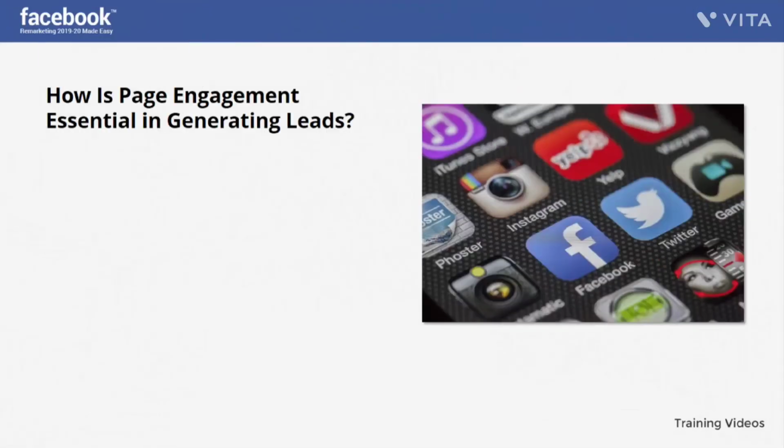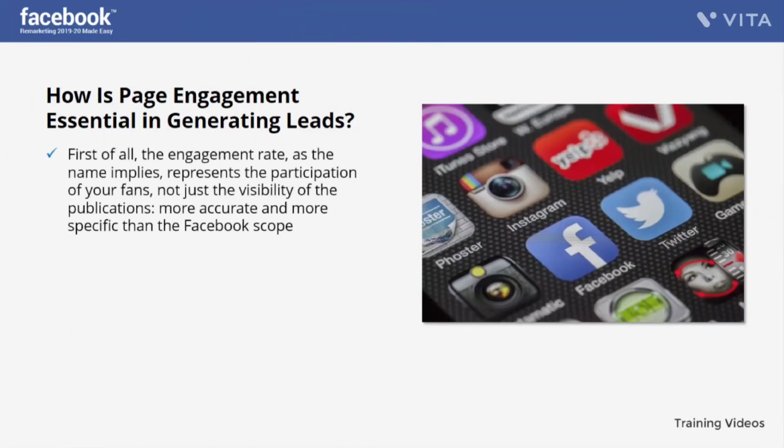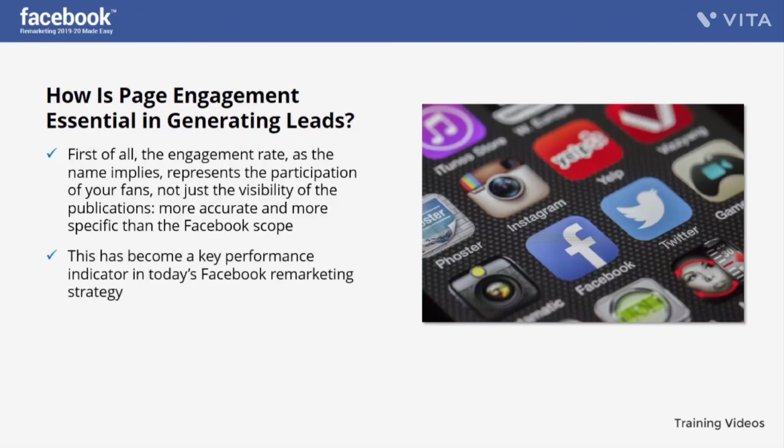How is page engagement essential in generating leads? First of all, the engagement rate, as the name implies, represents the participation of your fans, not just the visibility of the publications. It is more accurate and more specific than the Facebook reach. This has become a key performance indicator in today's Facebook remarketing strategy.